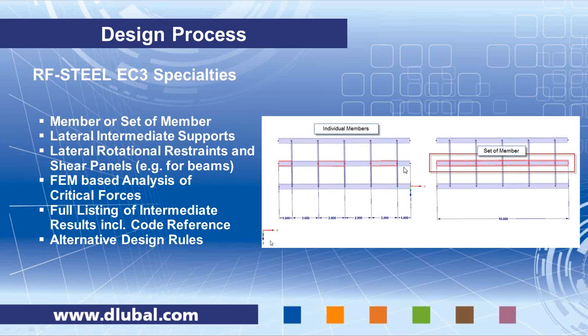So one unity integrates into several different parts. So now we can refer the design to the individual members, or we can refer the design to the so-called set of member. So with the use of a set of member, we group again those individual analytical members into one physical construction part.